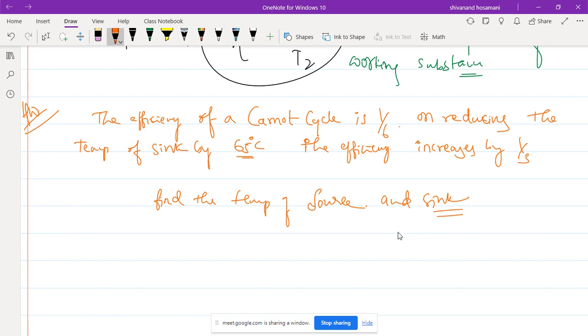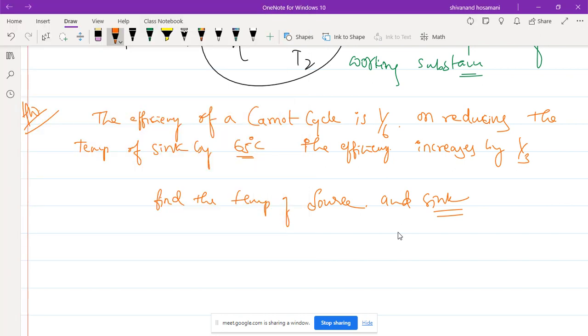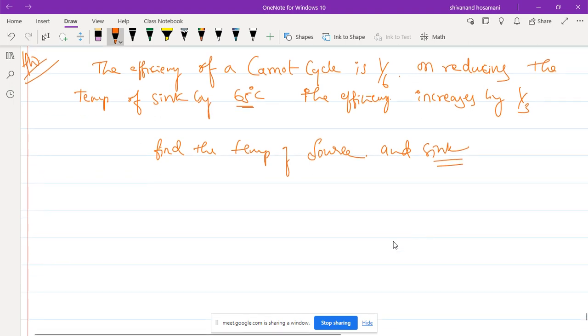After this one problem, we will go to the next part: PV diagram to TS diagram conversion, then the thermodynamic potentials. I will solve one problem based on entropy. If you try this problem, I will tell you what the answer comes to.